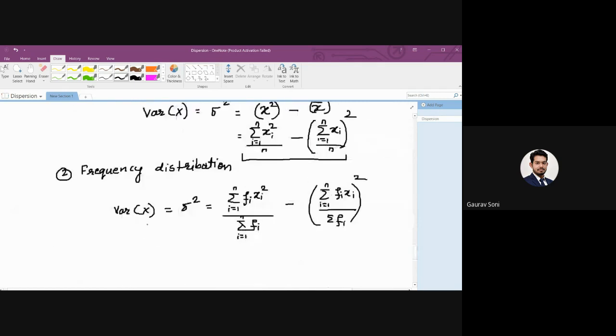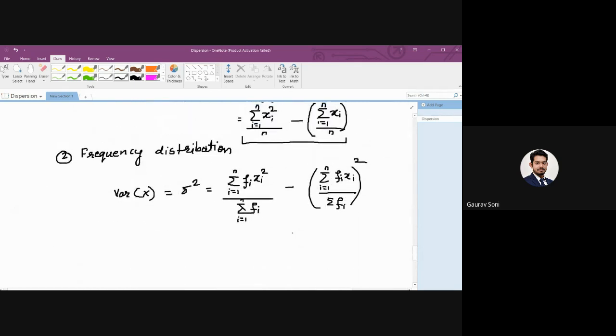Whereas in the last formula, you can simply make the columns for fi xi square and fi xi, and using that we'll directly get the mean. So that's why the second one is much easier.